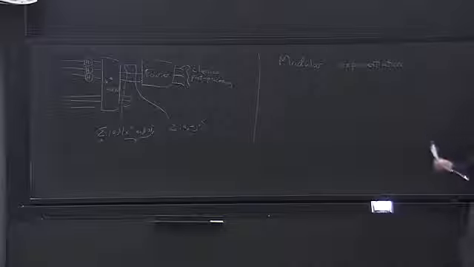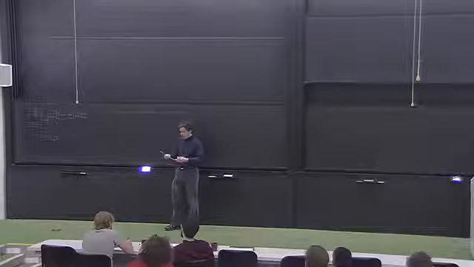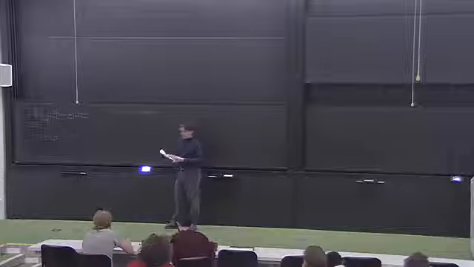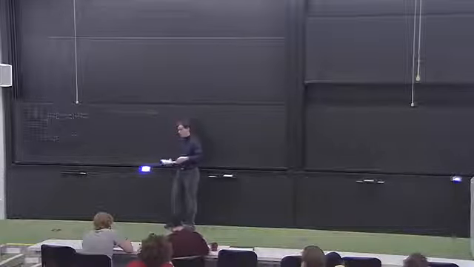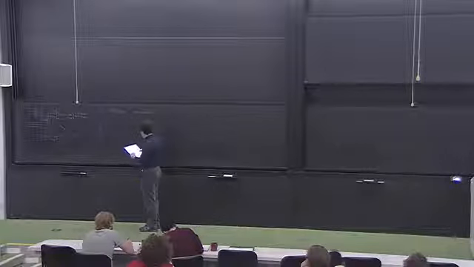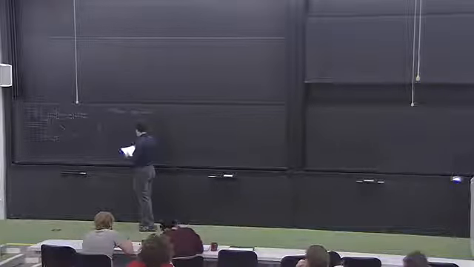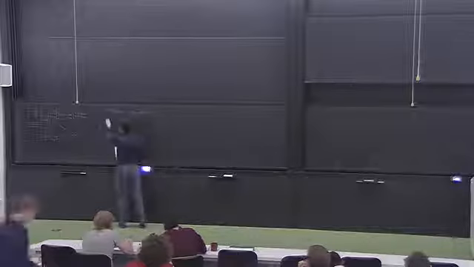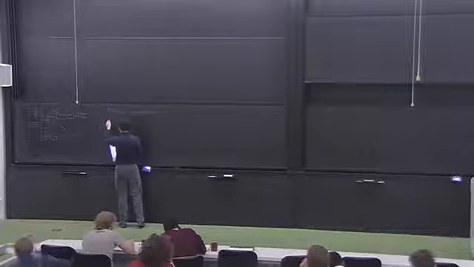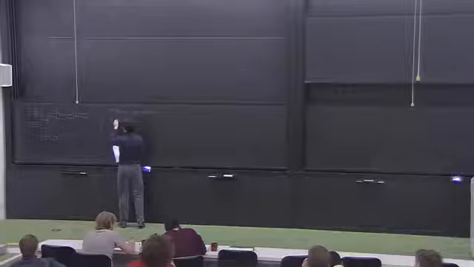OK, so modular exponentiation, how do we do that? So I alluded a little bit to this last time when I was talking about RSA, I guess. So the basic observation is that there's two things. So first of all, we can expand a in binary.